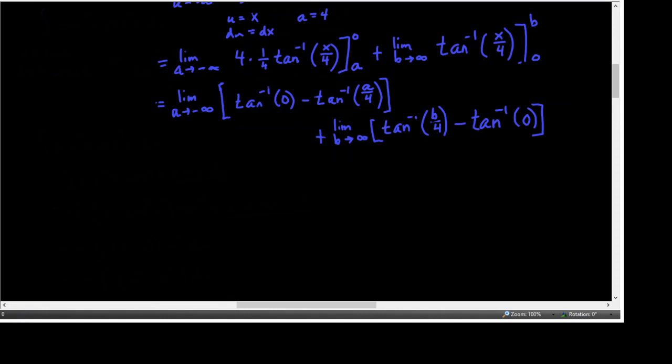All right, the big question is, as a goes to negative infinity, what does the tangent inverse of a negatively infinite, so because negative infinity over 4 is still negative infinity, what does that look like? Well, this is where your knowledge from pre-calculus will really come in handy, because you should know what the inverse tangent graph looks like.